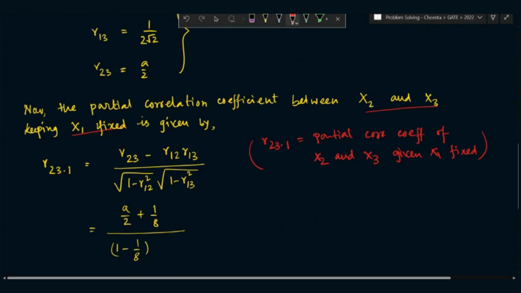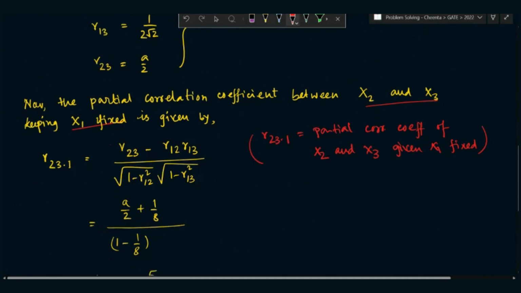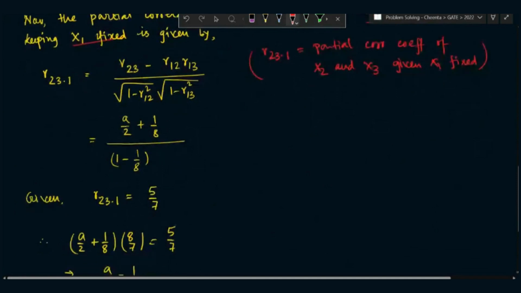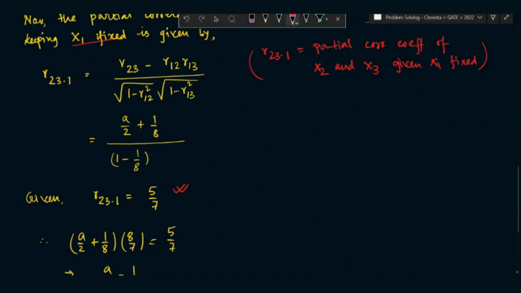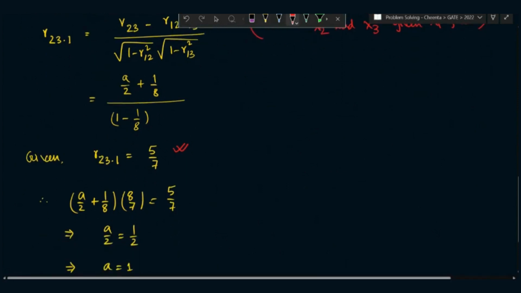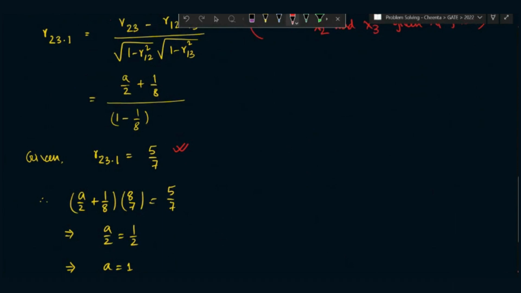They both are the same, so we get 1 minus 1/8 in the denominator. The given value of R23.1 is 5/7. So equating those two values, we get A/2 plus 1/8, divided by 7/8, equal to 5/7.